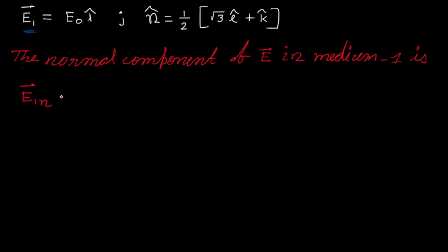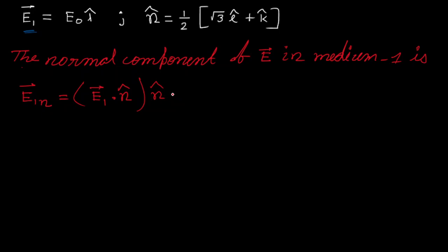If we want to write its vector form, how can we write it? I can write it in this way. I know the electric field, and I know the unit vector along the normal to the interface. So when I multiply these two, I get the magnitude of the normal component of the electric field. Then if I want to write the vector form, we have to multiply by the unit vector again, because the normal component will be directed parallel to the unit normal.